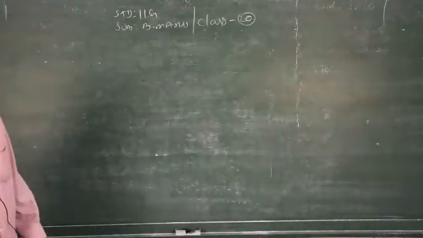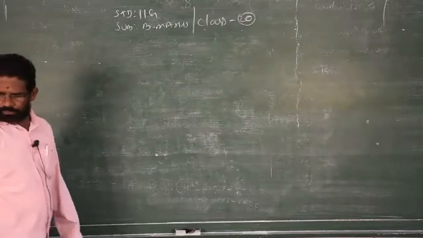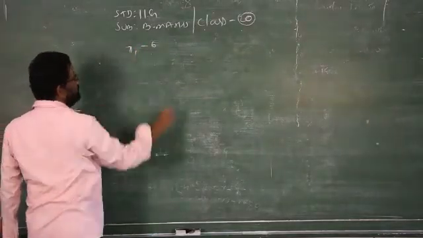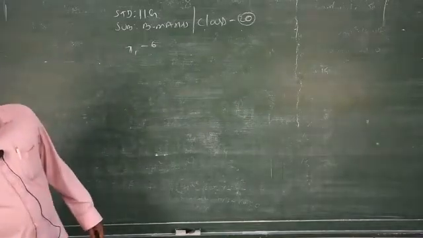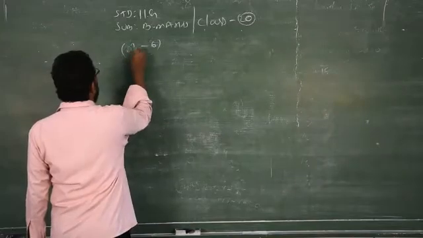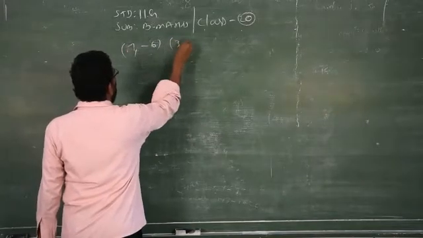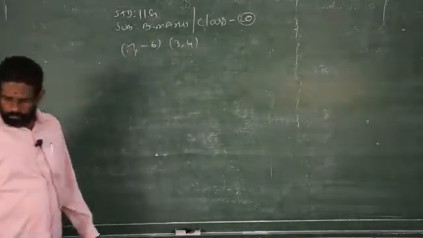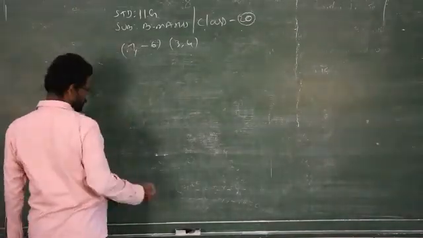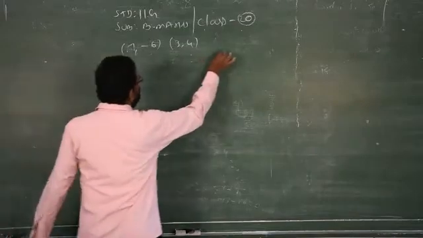Now find the point on the x-axis which is equidistant from the points 7, minus 6 and 3, 4. This is the graph.